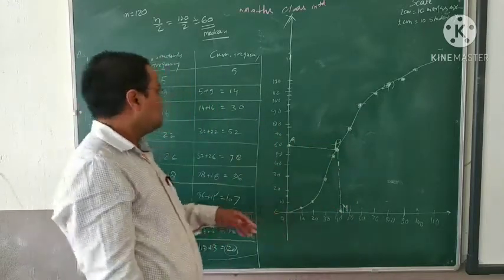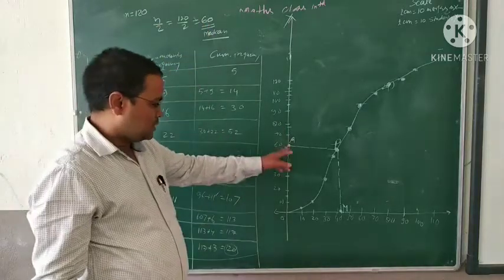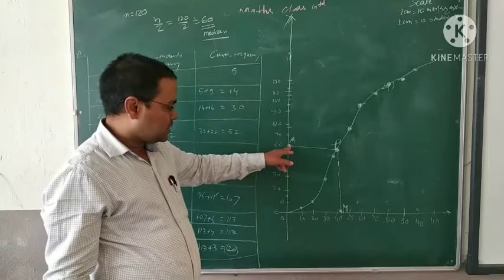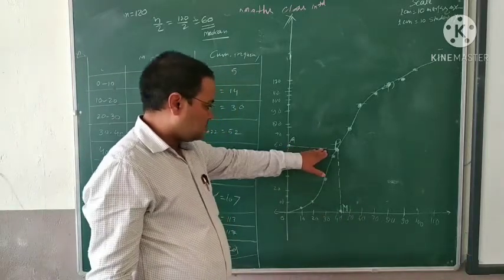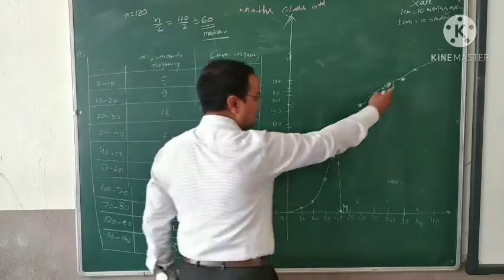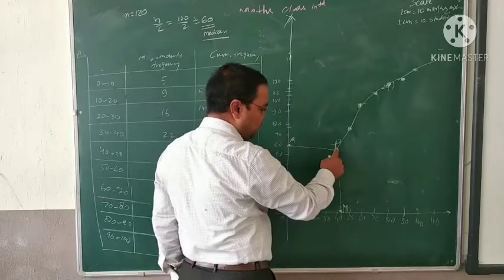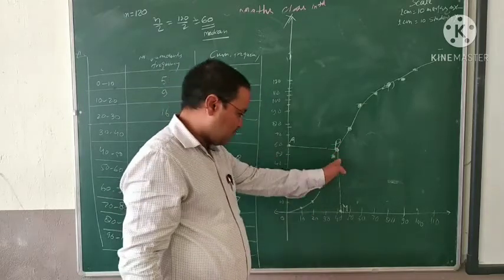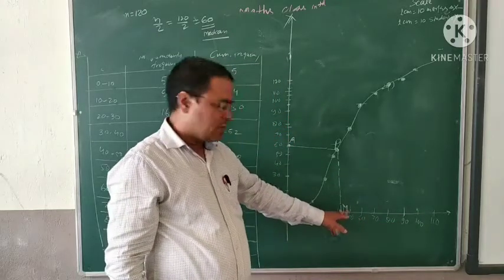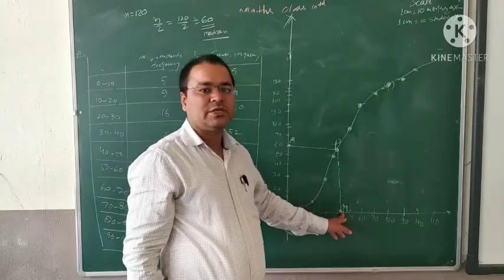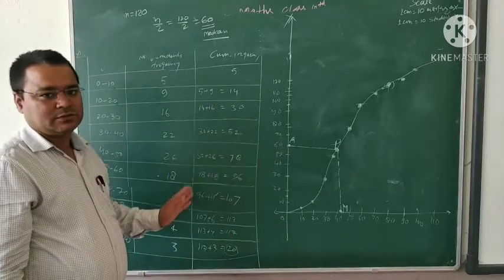We find half of n, that is 60. Now we find where 60 is given, and from 60 we draw a line parallel to the x-axis. This parallel line intersects the rising curve, the ogive, at point P. Now from point P, we draw a perpendicular which intersects the x-axis at point M. This point M represents the median of the given observations.